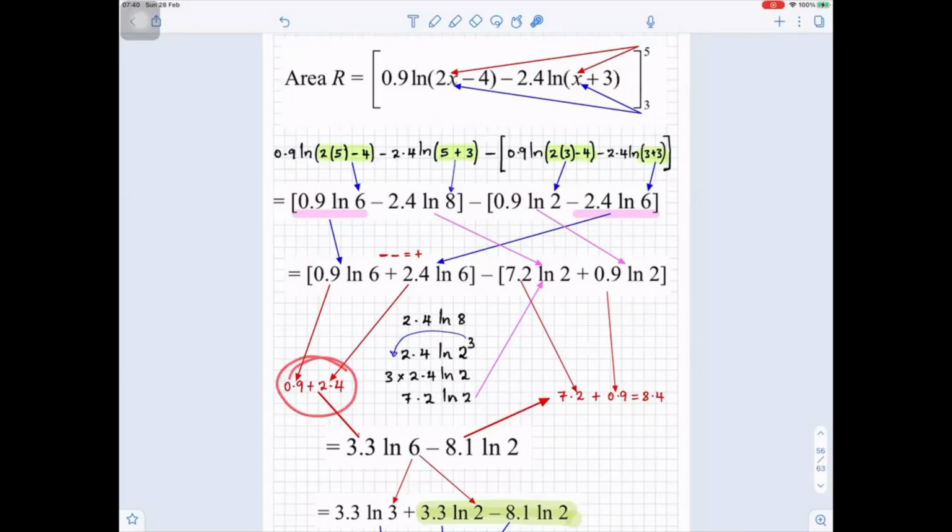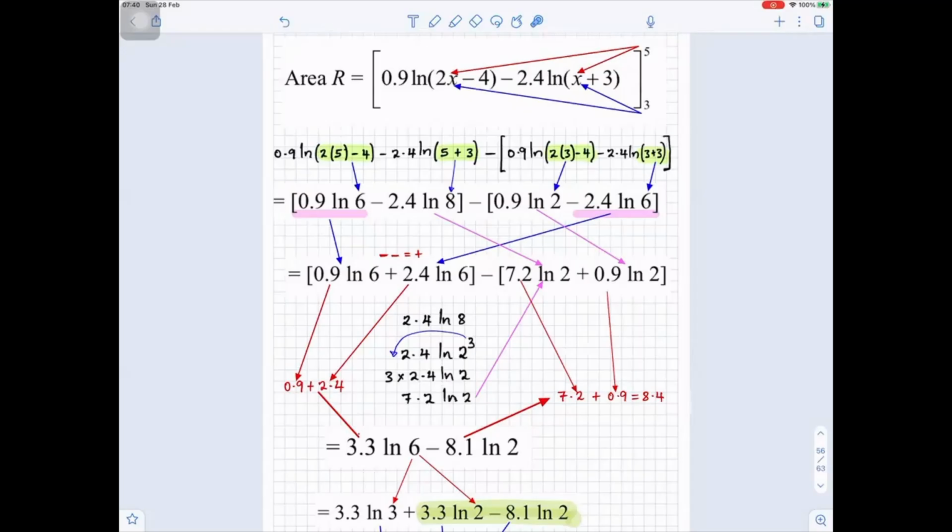You put them together and you see 0.9 plus 2.4 will give you 3.3. And 7.2 and 0.9 will give you 8.1. And then you can put them together.